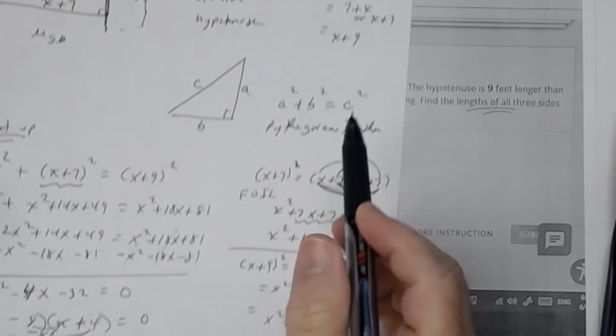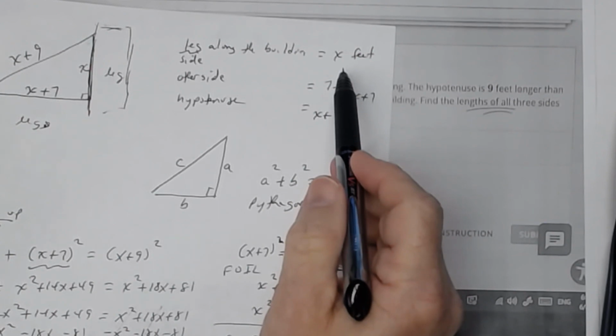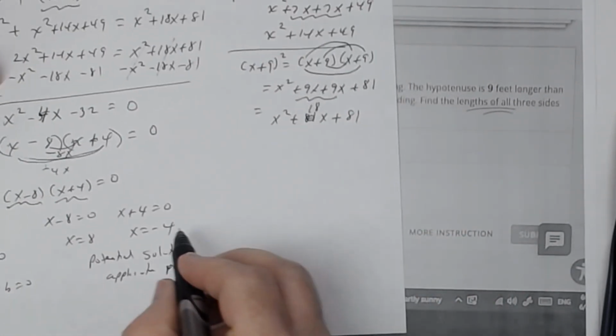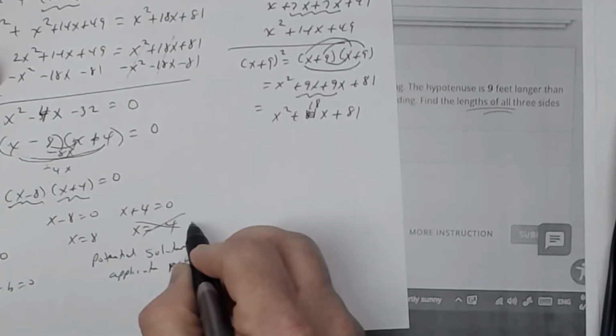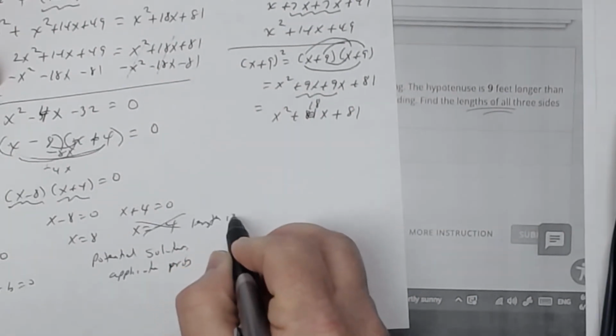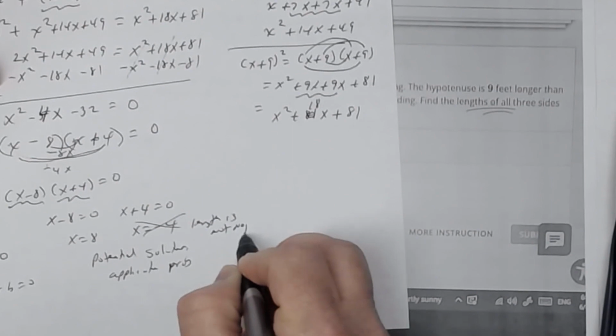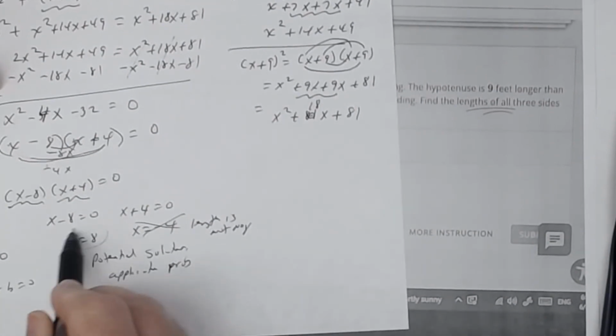You can't have a side that says negative 4 feet. So you cannot use this, because length is not negative. So I'm going to have to use this one then.